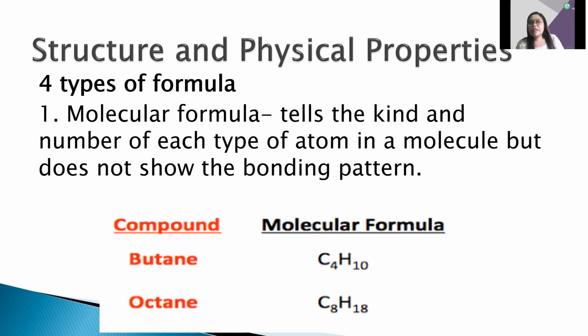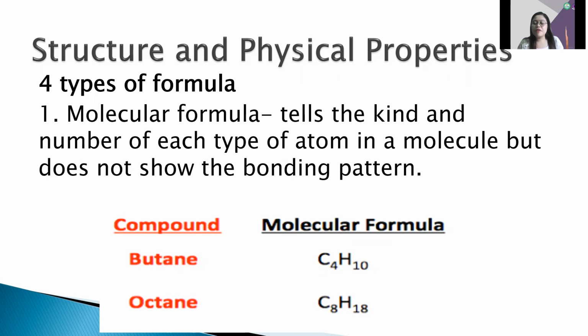In the study of inorganic chemistry, we only have the molecular formula and the empirical formula. I hope you can still remember them. The molecular formula shows the different elements present in our compound, at the same time the number of atoms, represented by the presence of subscripts.